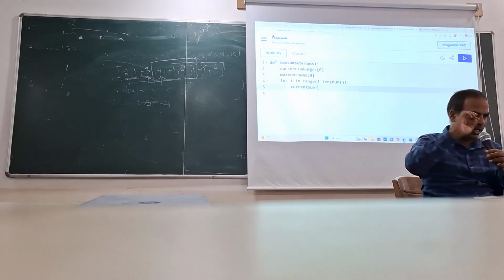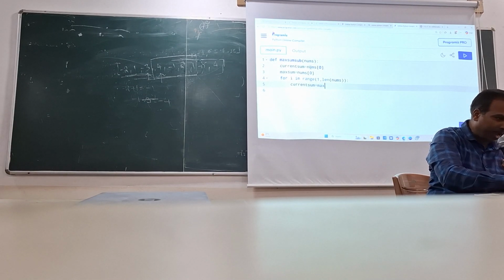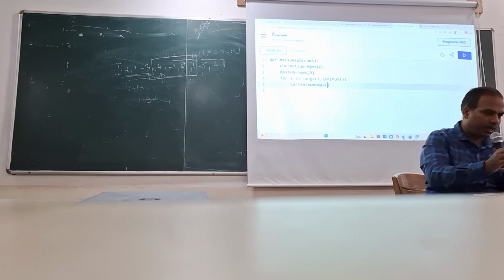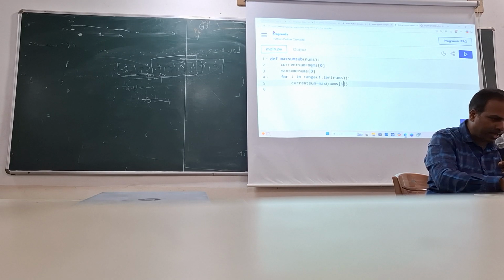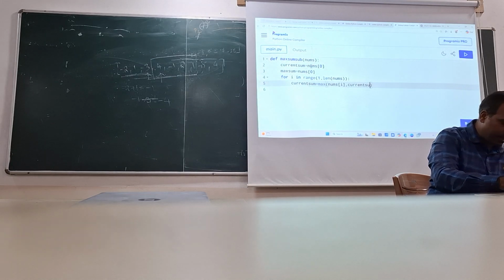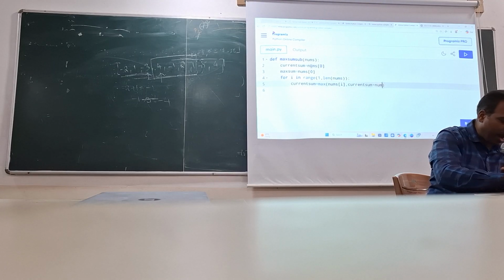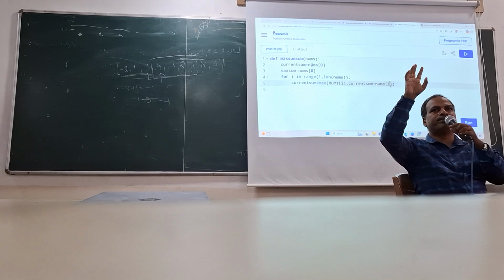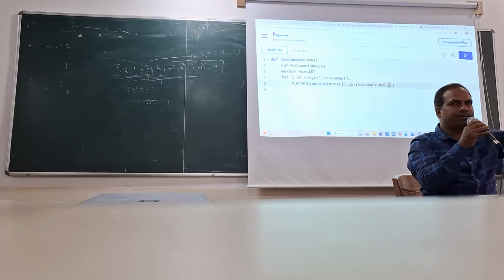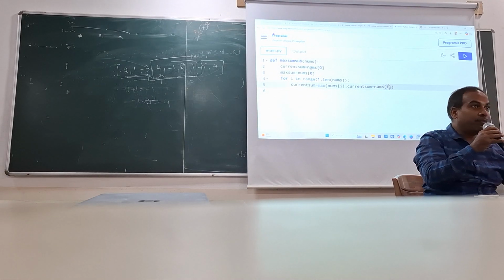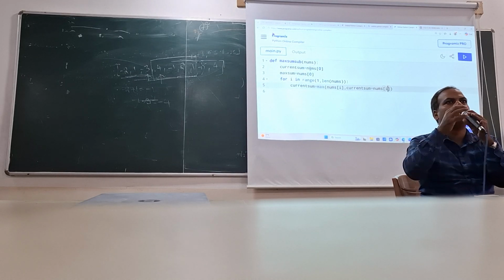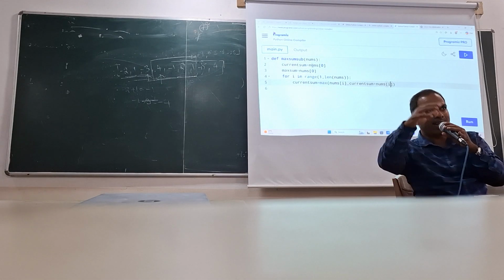So I am writing: current sum is equal to max of nums of i, that is the current number, comma, previous sum plus the current element. Whichever is maximum, you take that. Suppose current sum plus nums of i is maximum, what does it mean? You are extending that subarray.